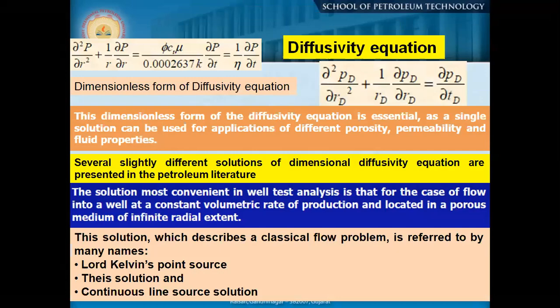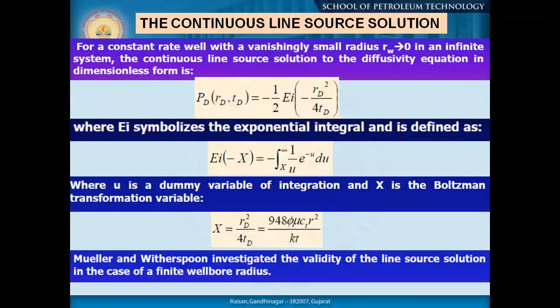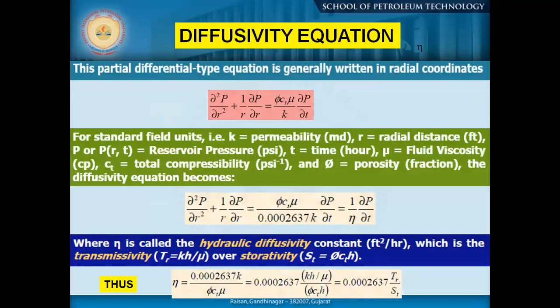so now this formulation, if you just see here, this is the eta form. Okay, so in the diffusivity equation, this eta is called the hydraulic diffusivity constant, which is the transmissivity and storativity.